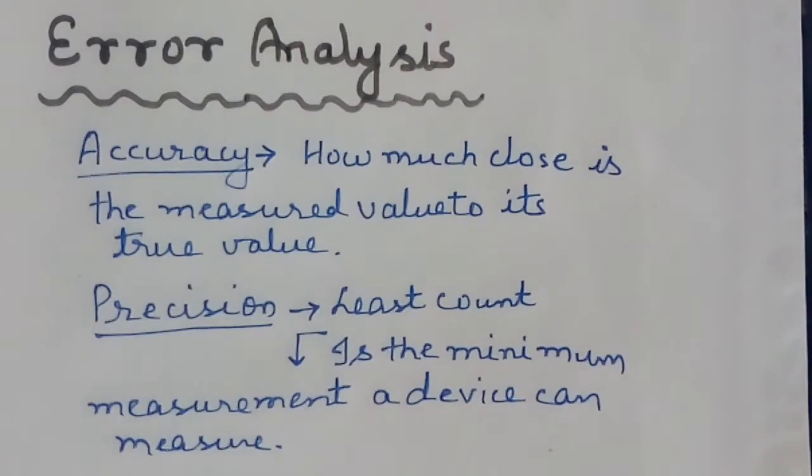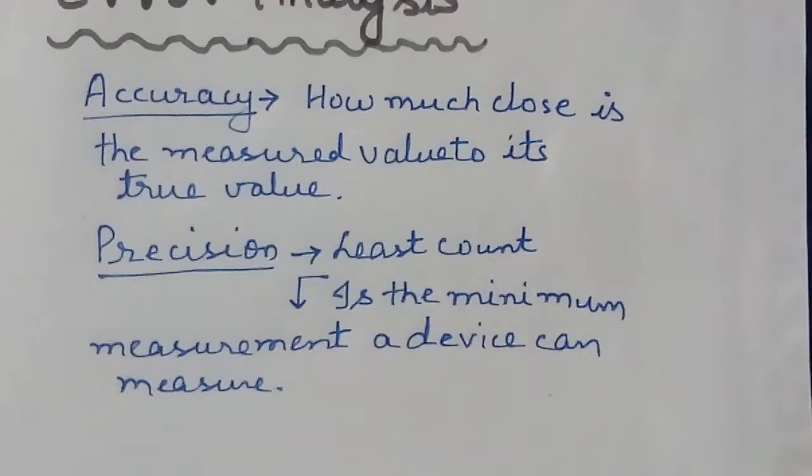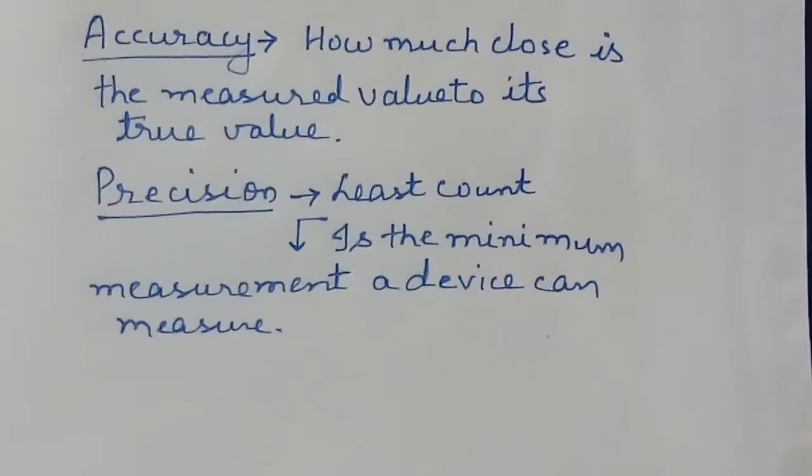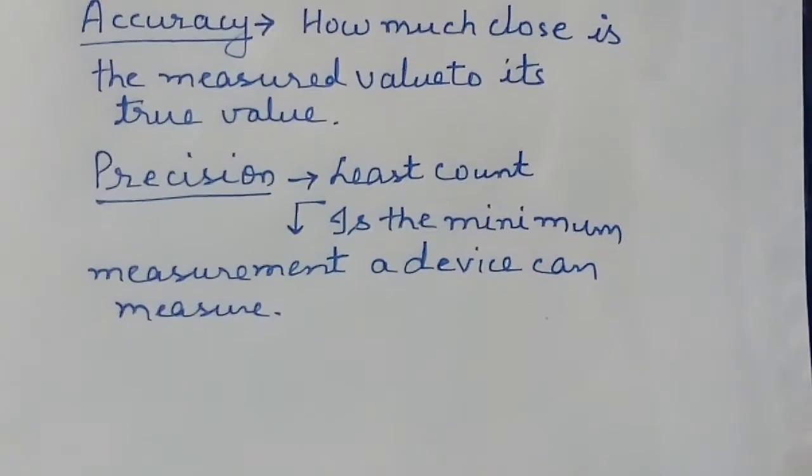The scale which we use in our daily life for measuring purposes has its least count 0.1 centimeter. So different instruments have different least counts. So the precision of an instrument depends on its least count.